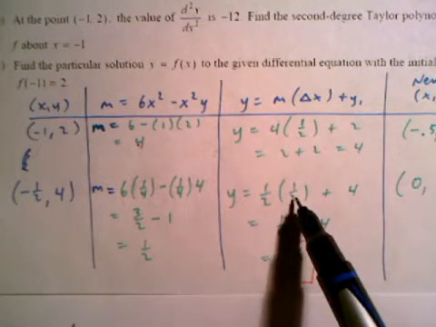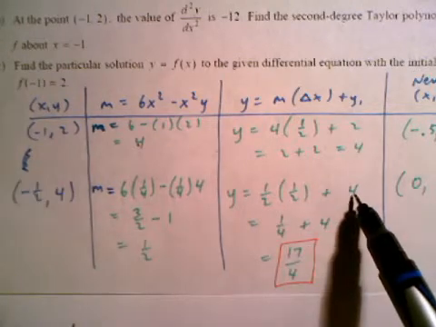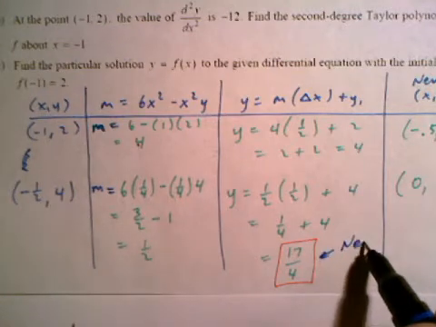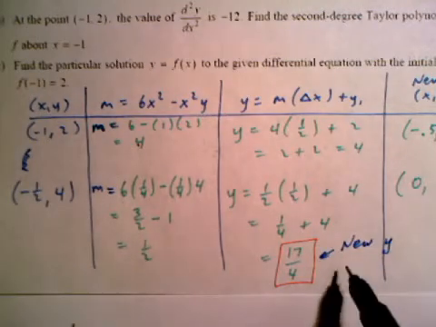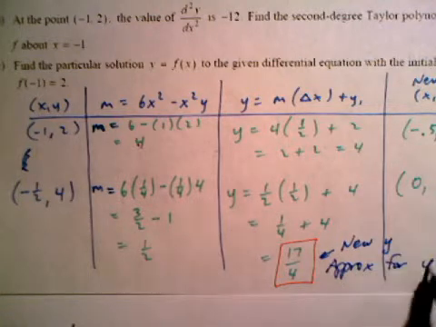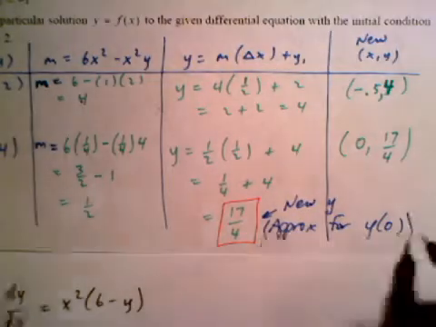Change in x is 1/2, slope times 1/2 plus our current y, and we get our new y. So this becomes our new y, and that is our approximation for y of 0.